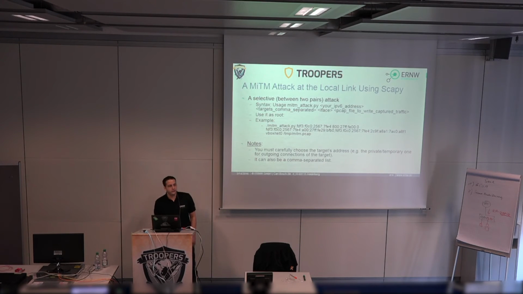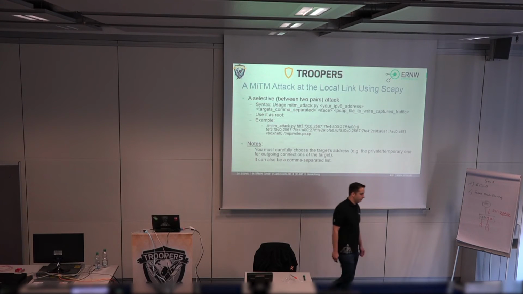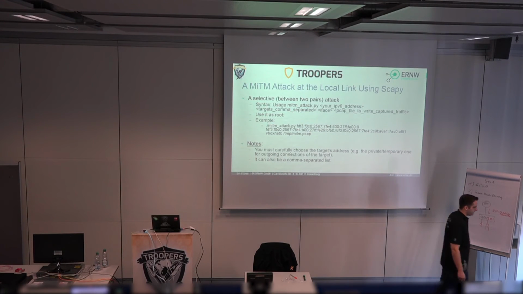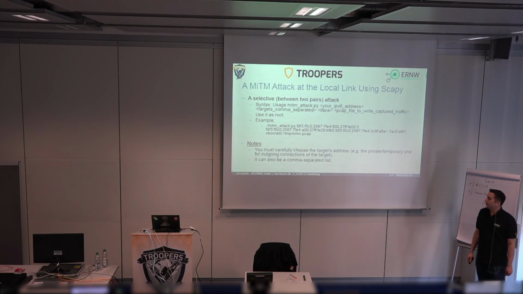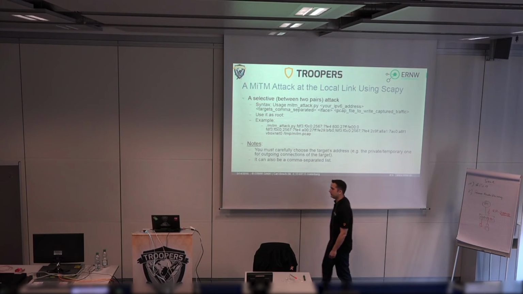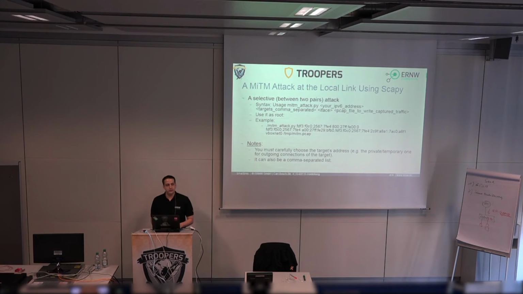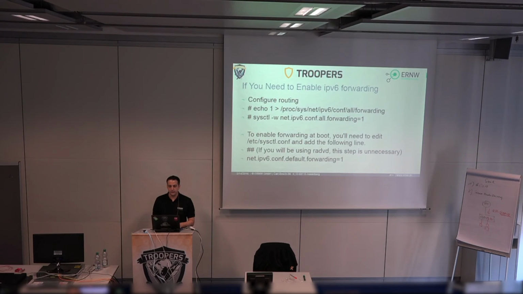I mean, you could also use Scapy. You can do everything with Scapy. It's a little bit more complex for constructing the packets, but you can do it with Scapy. You can do it with the IPv6 toolkit. You can do it with THC. So every IPv6 attack toolkit has a feature to do man-in-the-middle based attacks on the local link.